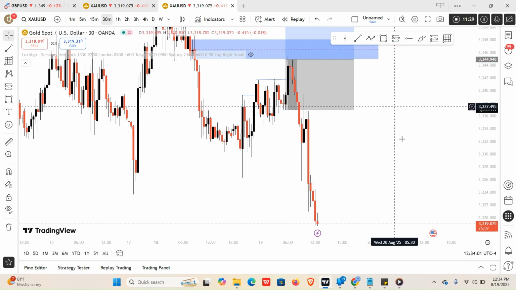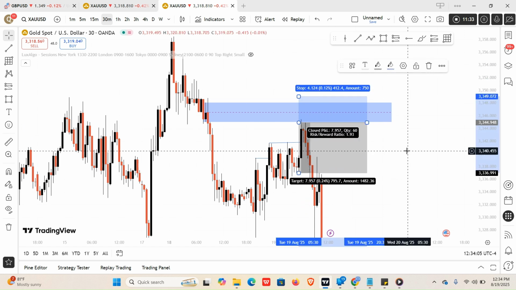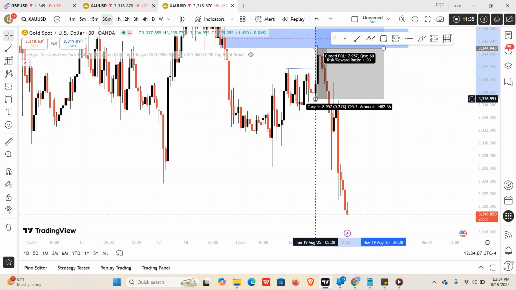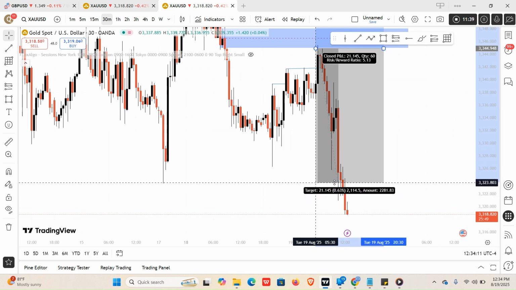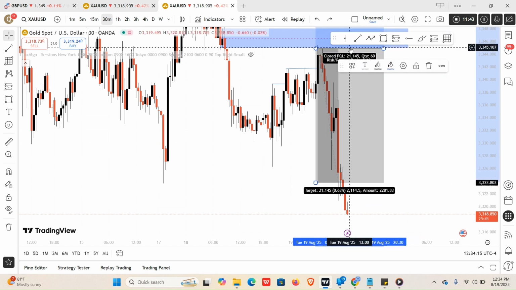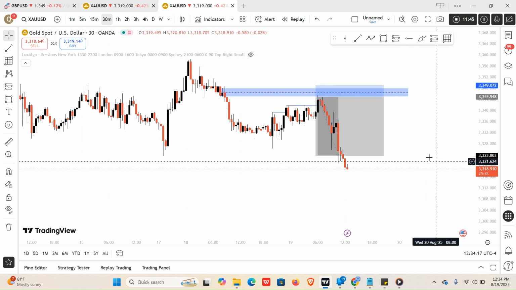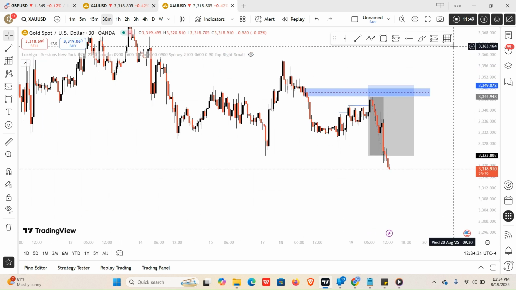Place my entry from here and my SL just right above, targeting the previous low, which was the low from Friday. And you see, made it. That's a hit. Clap to us.